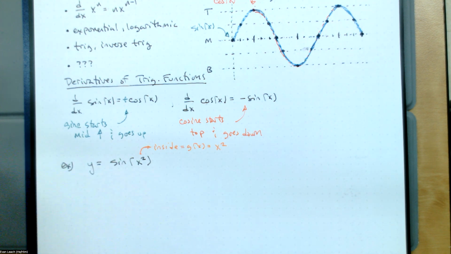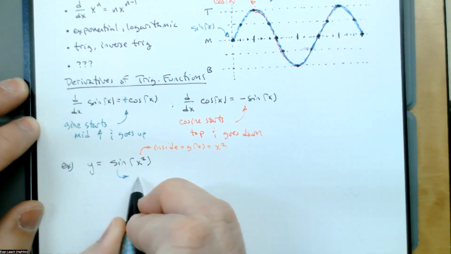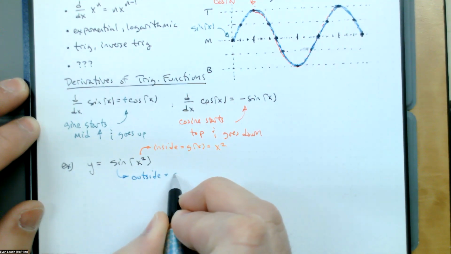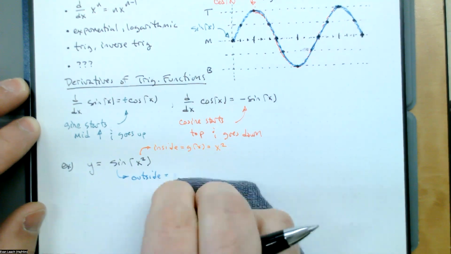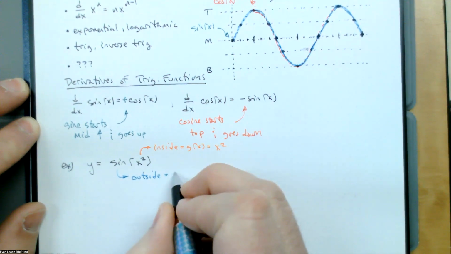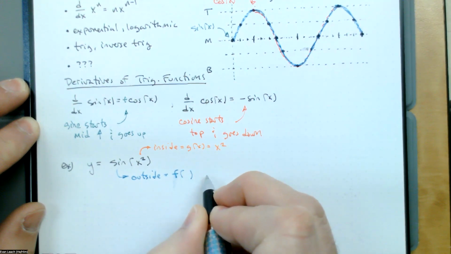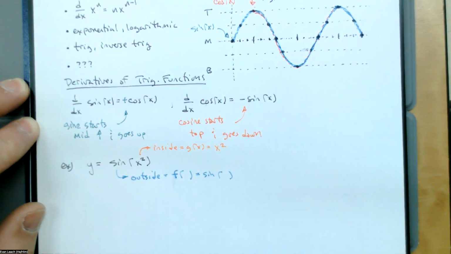Maybe you shouldn't be copying that. But I would refer to the sine as the outside, which is the f of x in our notation that we established yesterday. Although I just called it f of stuff, it is sine of stuff.